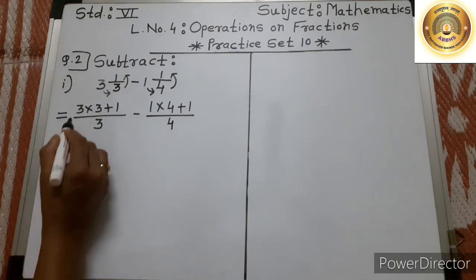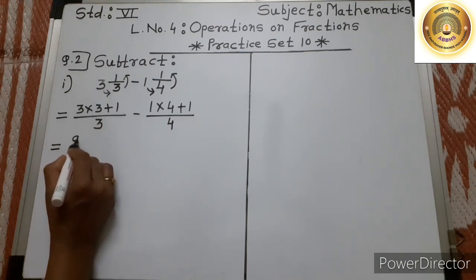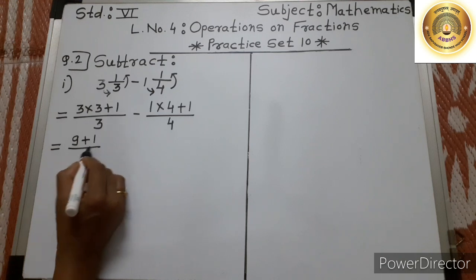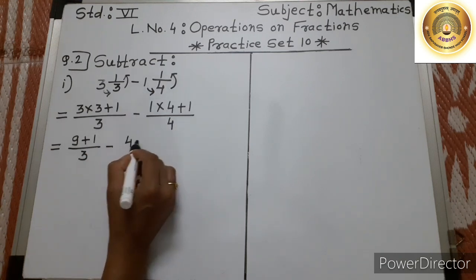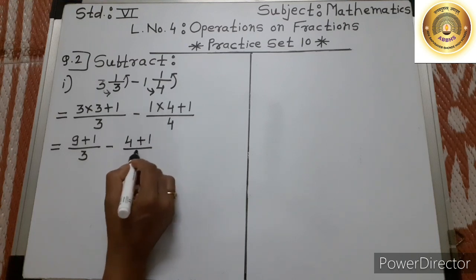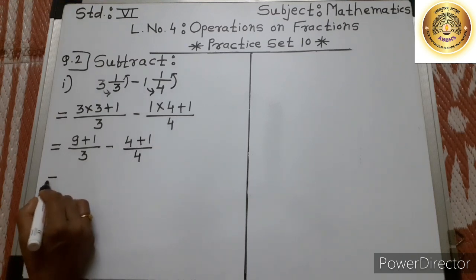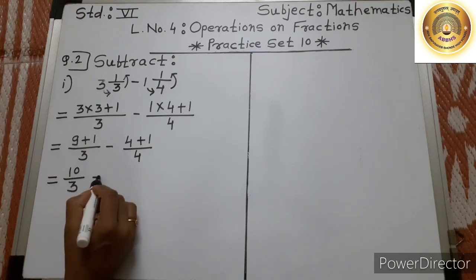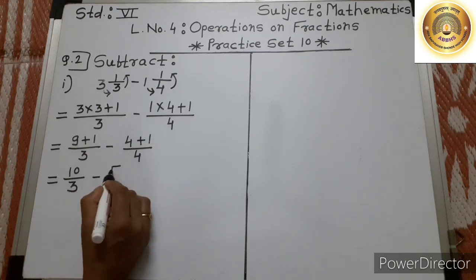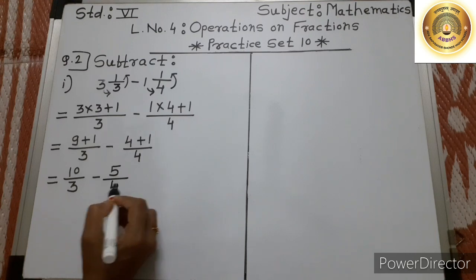Now solve this. 3 3s are 9 plus 1 upon 3 minus 1 4s are 4 plus 1 upon 4. 9 plus 1, 10 upon 3 minus 4 plus 1, 5 upon 4.